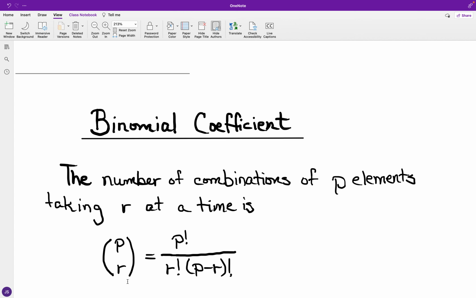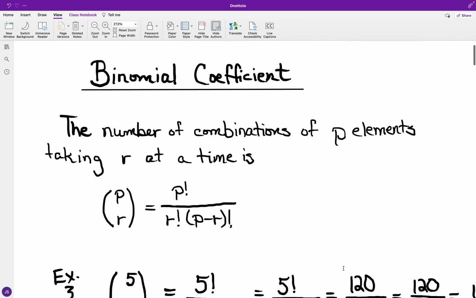In terms of how to carry out the operation, you're looking at the ratio of the factorial of the total number of elements divided by the product of the factorial of how many you're taking at a time times the factorial of the difference between the total number of elements and how many are taken at a time. So we have p factorial divided by the product of r factorial and the quantity p minus r factorial.